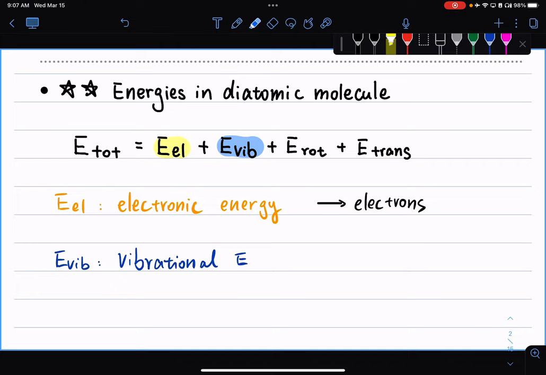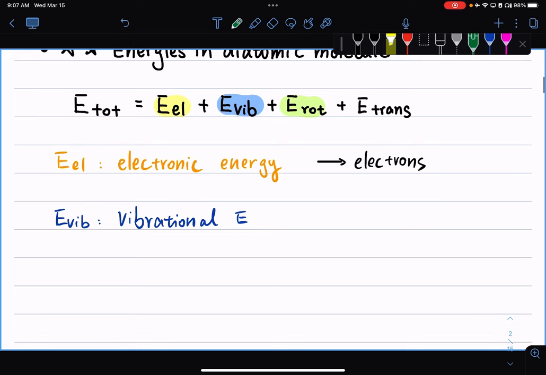We also have the rotational energy. And at the end, we have the translational energy.